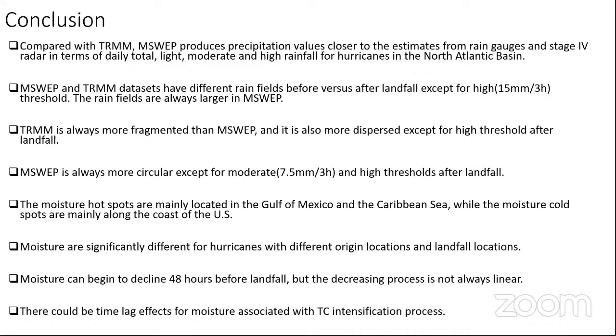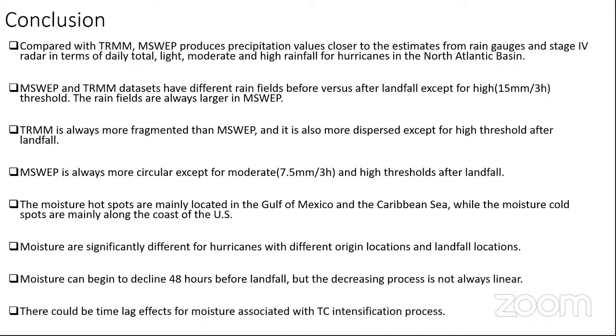So for the conclusion, compared with Stage IV, MSWEP produces precipitation values closer to the estimates from the rain gauge and Stage IV radar in terms of the daily total, light, moderate, and high rainfall for hurricanes in the North Atlantic Basin. MSWEP and the TRMM datasets have different rain fields before versus after landfall, except for the high 15 millimeters per 3 hour threshold.